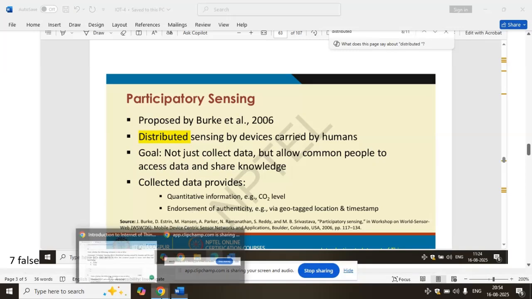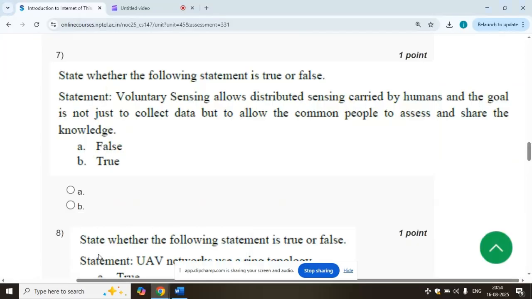So the answer here is voluntary sensing allows distributed sensing carried by humans, and the goal is not just to collect data but to allow common people to access and share the knowledge. Here it is voluntary sensing, so make B false.